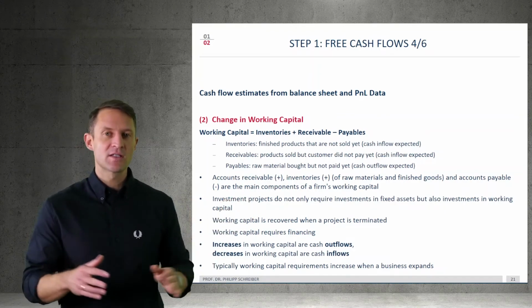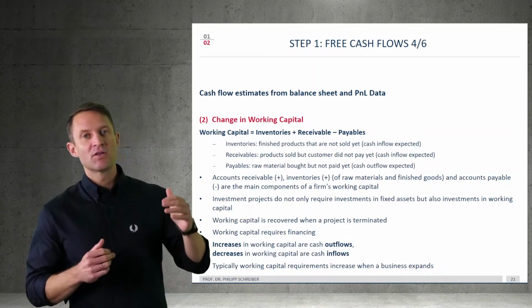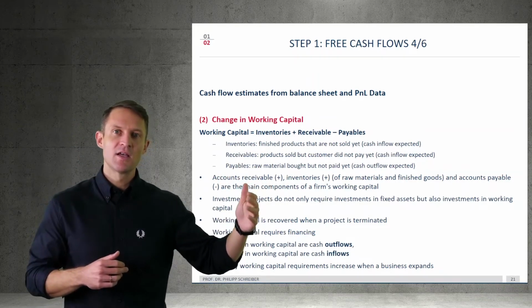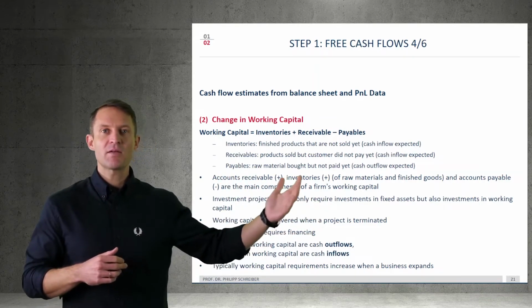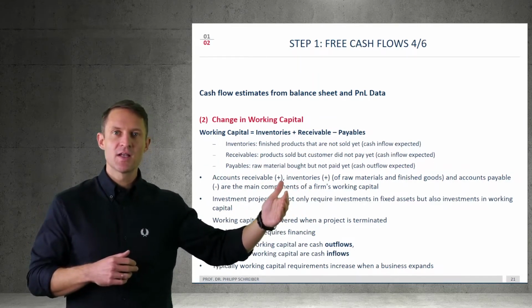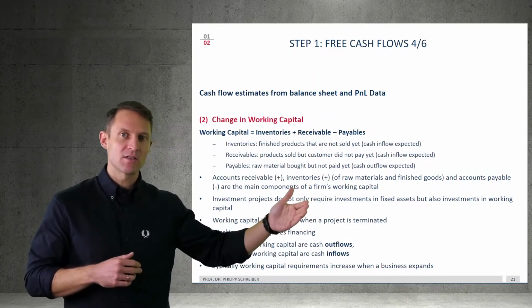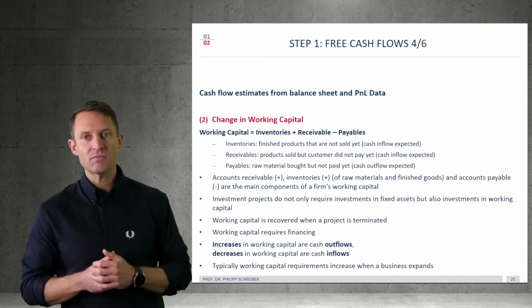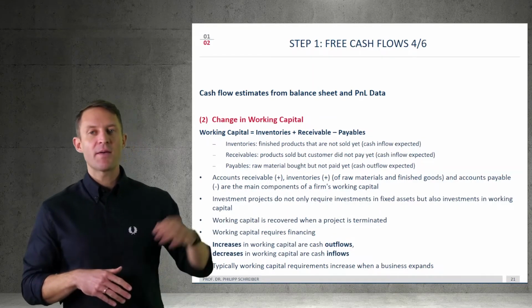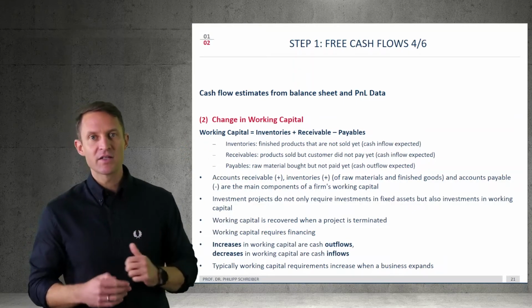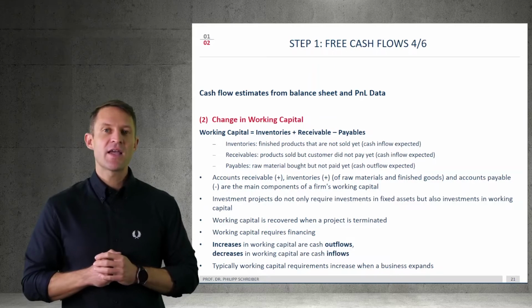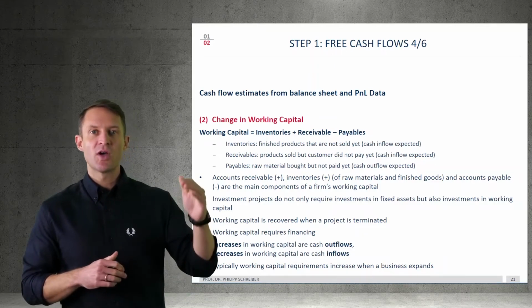Why? Let's do an example. Let's say the working capital increases because you have now more raw materials than you used to have. That means you bought more raw materials. That means you paid more for raw materials. That means cash was flowing out. Let's say working capital is less than it used to be. How can that be?